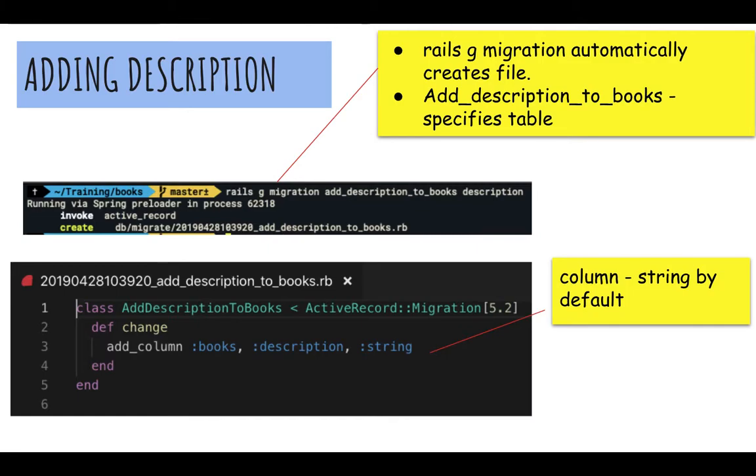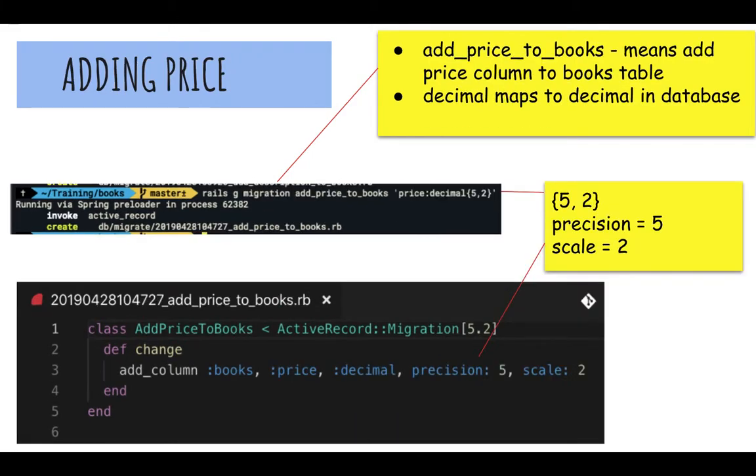We actually have to add our code in ourselves to this change method: add_column :books, :description, :string. We do need that code in order to run rake db:migrate, and then that will add our description column to the table.